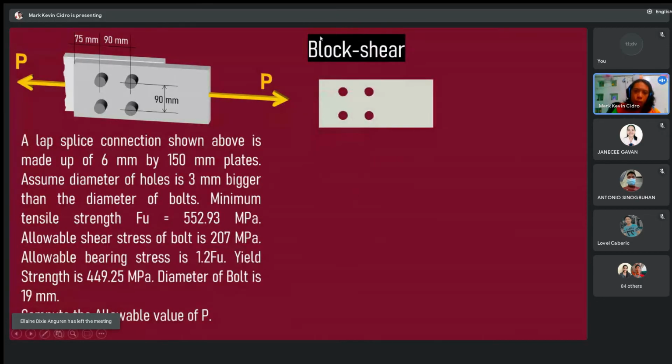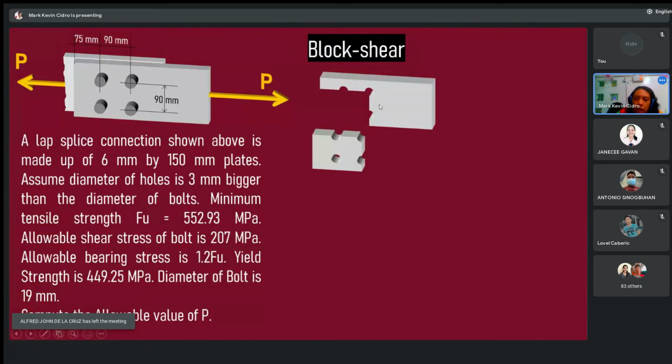From the word itself, block, a block is pulled out. And shear, because some parts of the pulled-out block shear off. For example, in this one, the chunk or block that gets pulled out is this one.